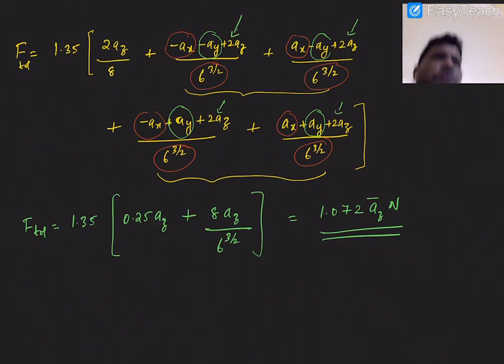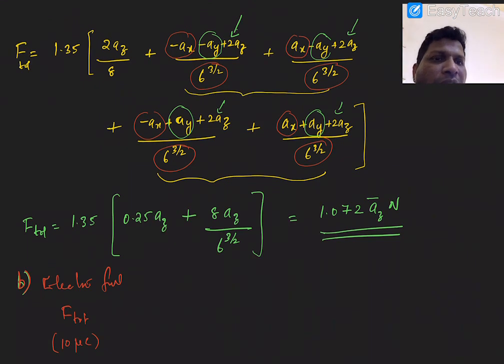Now the second part of the problem is to calculate the electric field. So now we know the total force, and this is the total force on the 10 microcoulomb charge, right?